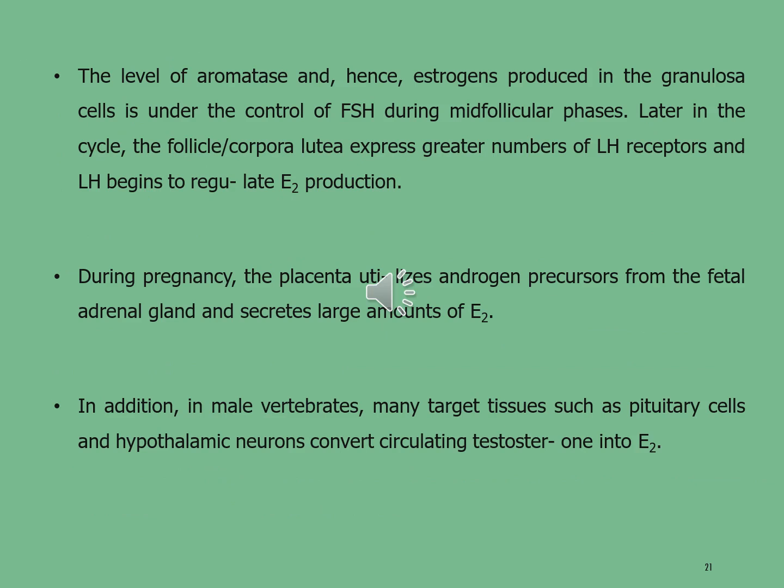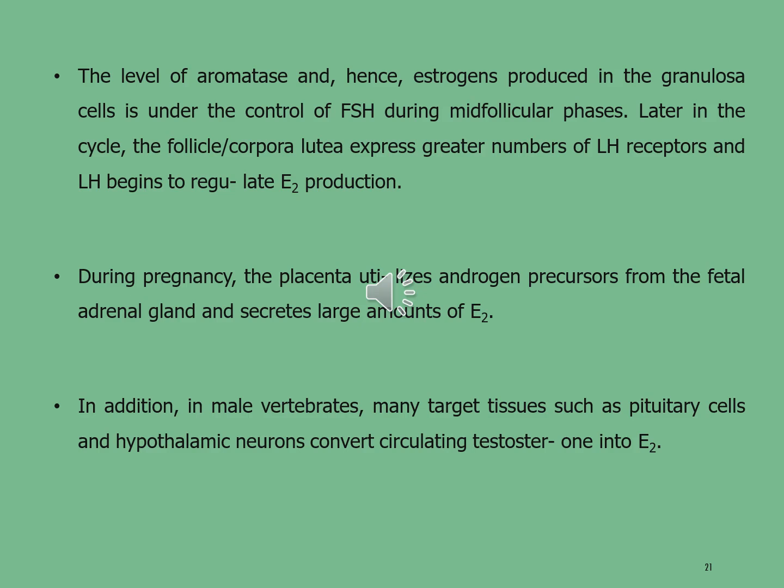The level of aromatase and hence estrogens produced in the granulosa cells is under the control of FSH during mid-follicular phases. Later in the cycle, the follicle and corpora lutea express greater numbers of LH receptors and LH begins to regulate E2 production. During pregnancy, the placenta utilizes androgen precursors from the fetal adrenal glands and secretes large amounts of E2.